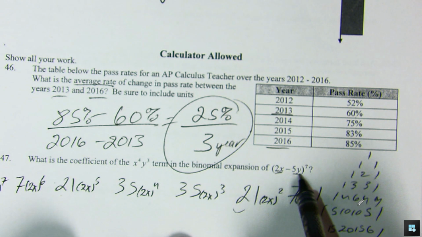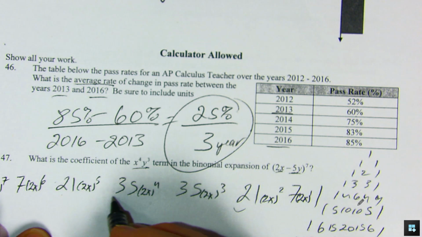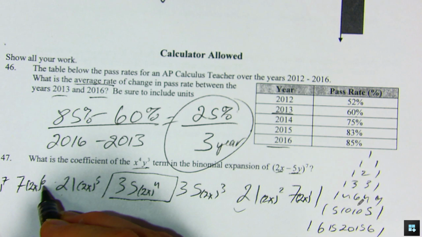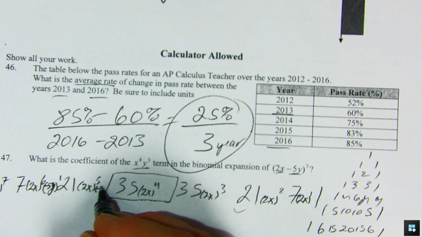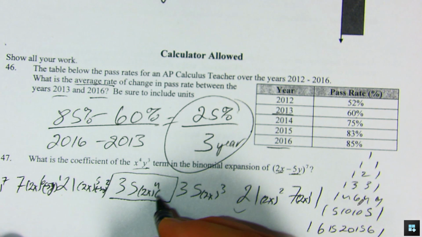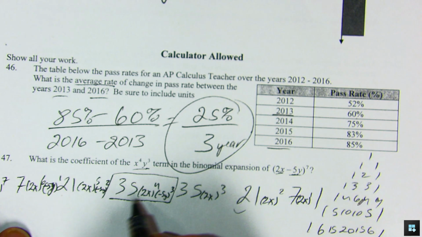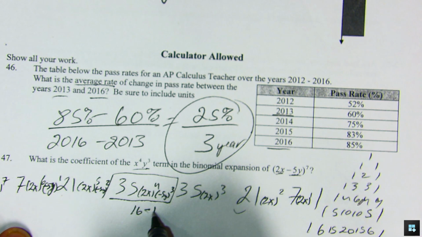Now we have negative 5y. Now look, they only want x to the 4th. Hone in right here. Negative 5y to the 0, negative 5y to the 1, negative 5y squared, negative 5y to the 3rd. Let's do it. 2 to the 4th is 16. Negative 5 to the 3rd is negative 125.